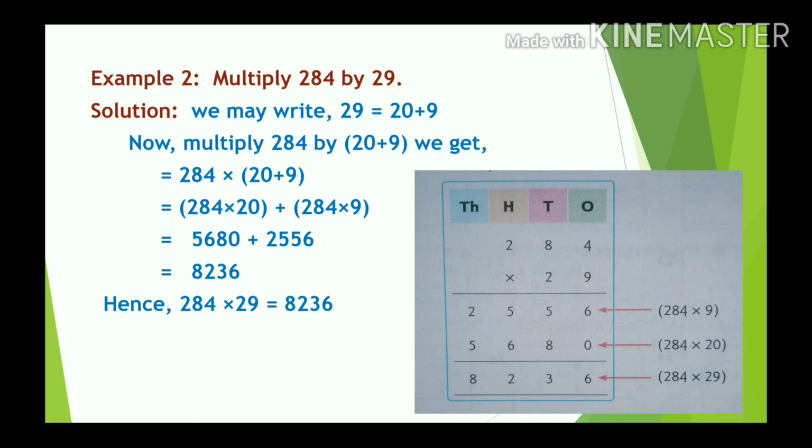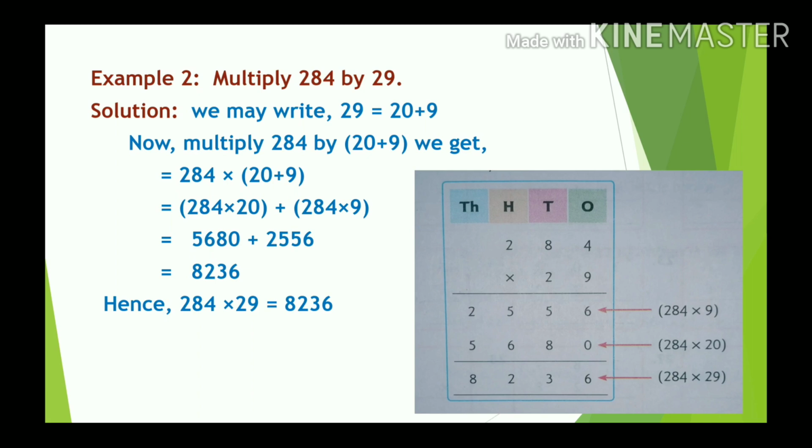Again we have to do the same arrangement in column wise. So 284 we have arranged with 2 under hundreds place, 8 under tens place and 4 under ones place, and we have to multiply by 29. So first we will do the multiplication of 284 by 9 ones. So after multiplying we get 2556.